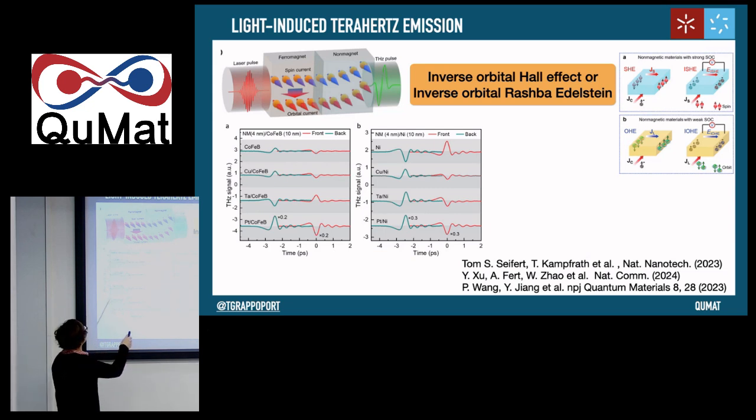This has been done for a while, and for those working in optics in the terahertz limit, this is a very nice way to have a terahertz spectrum in a large range. The idea is the following. You have a laser pulse in the picoseconds. It hits a metallic system, in this case a ferromagnet that's in contact with a non-magnetic material with spin-orbit coupling.